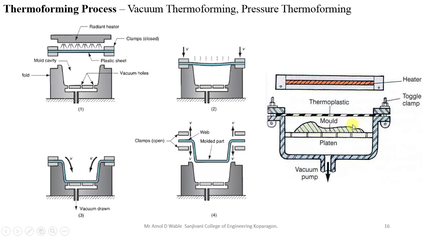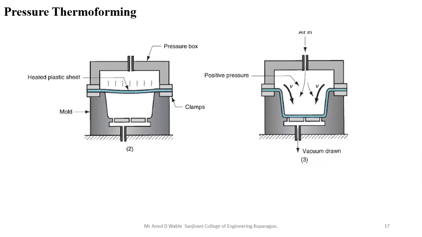And if you have seen the masks of Hanumanji or Ramji in toys, there are masks of different gods like Hanuman. Those can all be made by the vacuum thermoforming process. Let us see another, that is the pressure thermoforming process.